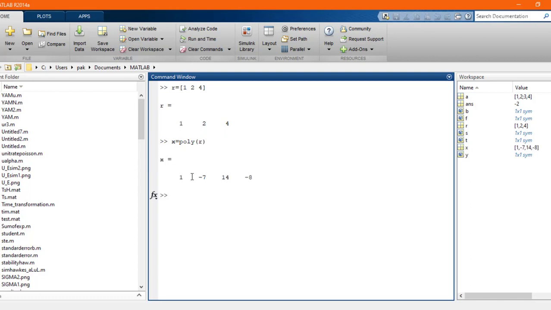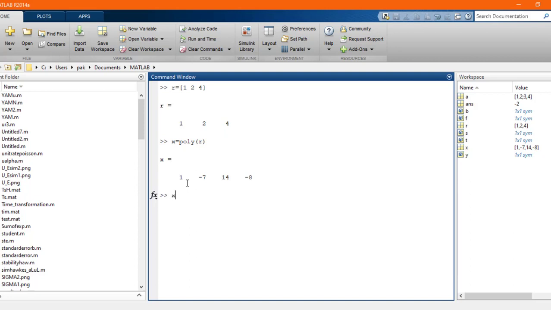Now you can see that X, a polynomial, has been created, and you can see that we had 3 roots, and the polynomial that has been created has 4 coefficients, which means it's a third order polynomial.